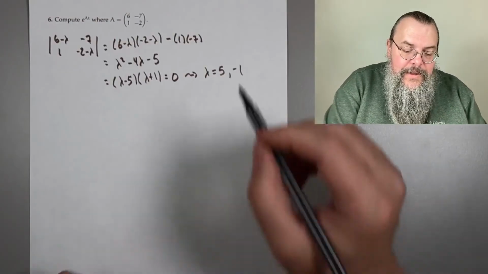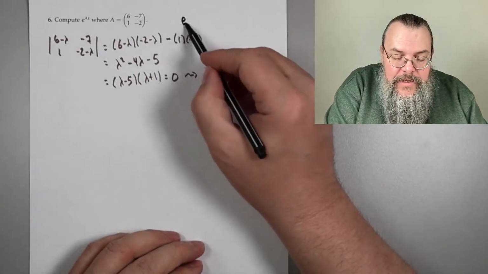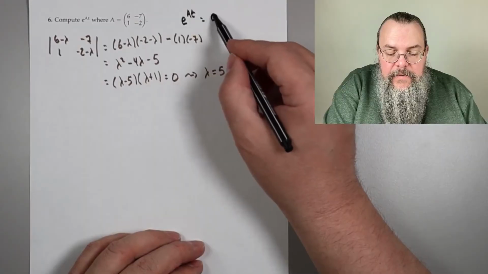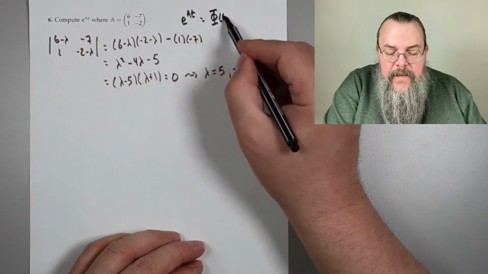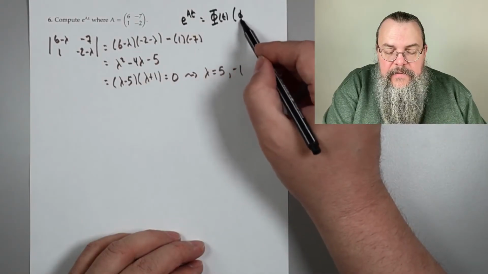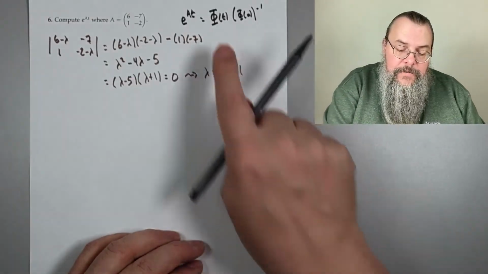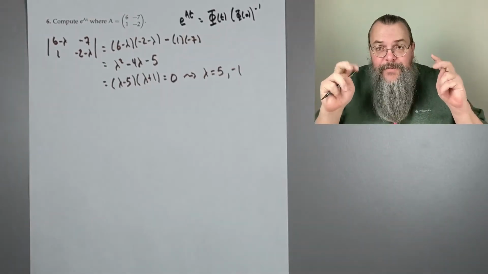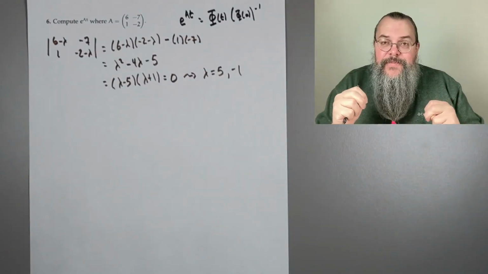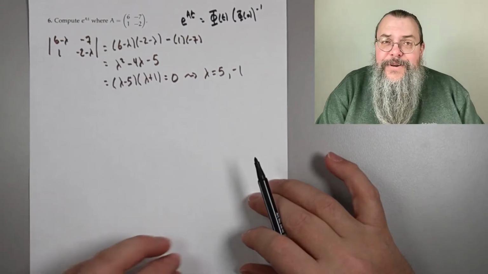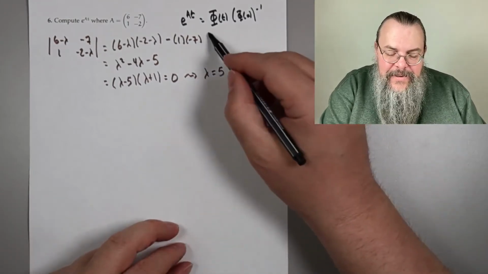Well, the general thing for e to the at is you have this phi of t, then you have phi 0 inverse, where phi of t is a fundamental matrix. And you might say, well wait, there's no differential equation here.